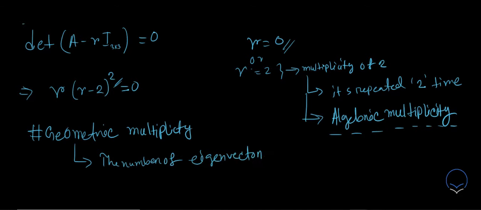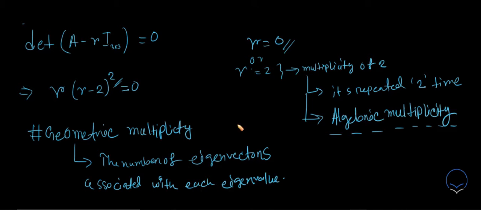Obviously this is not a very formal definition, but more of a physical one. Since the eigenvectors are vectors, they also span the space inside which this matrix is defined, that is the vector space itself. That's why we call it geometric, because it has something to do with the space. So again, it is the number of eigenvectors associated with each eigenvalue.